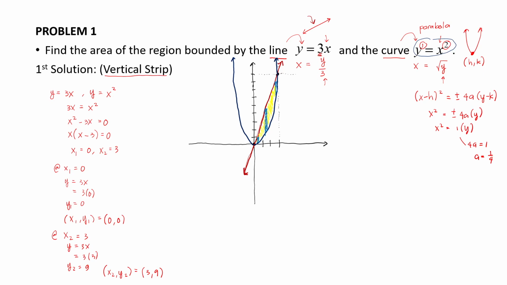Same goes for the topmost part of the strip, maroon against the dark blue. So we can say that the vertical strip can fully represent the entire bounded region.